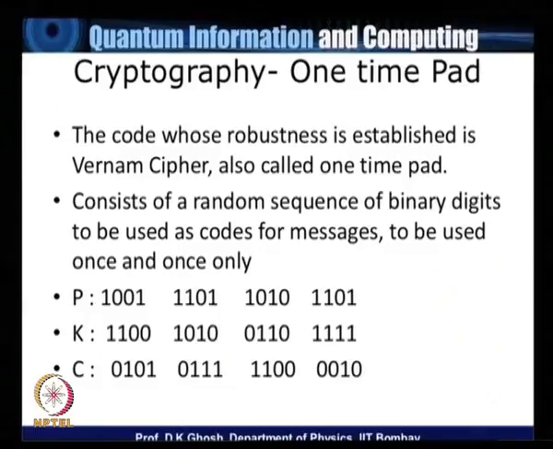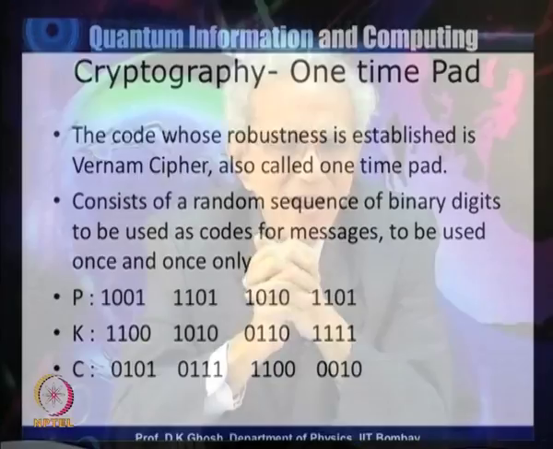A code which is known to be robust is called One-time Pad, or it also goes by the name of Vernam cipher. Now let me explain the principle of this One-time Pad. A One-time Pad could be a code which is agreed between two friends to be used once and once only.